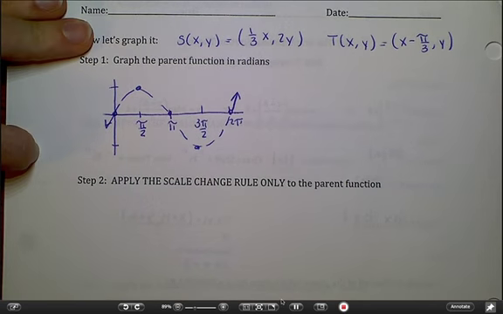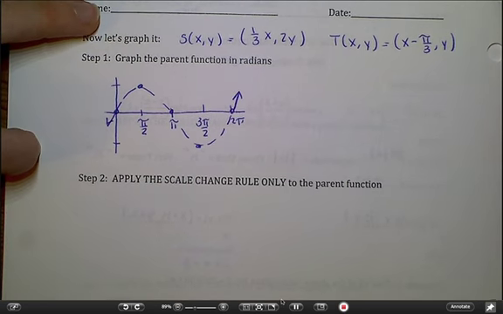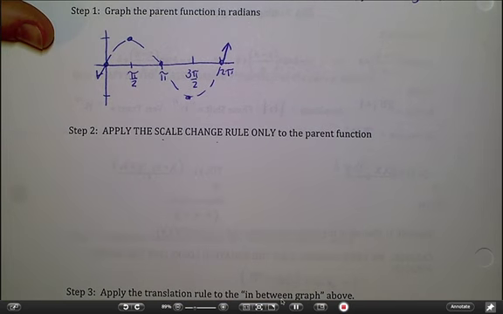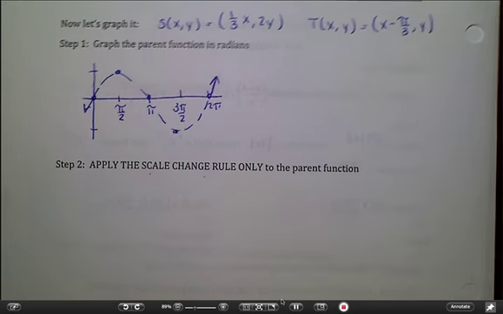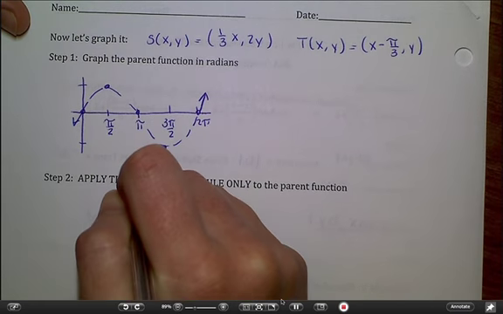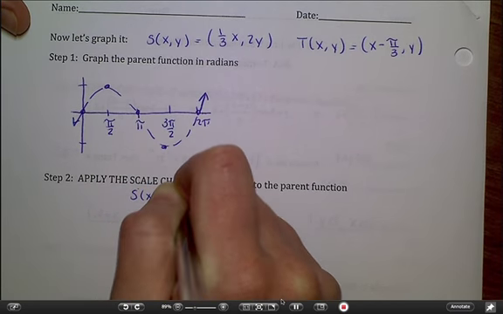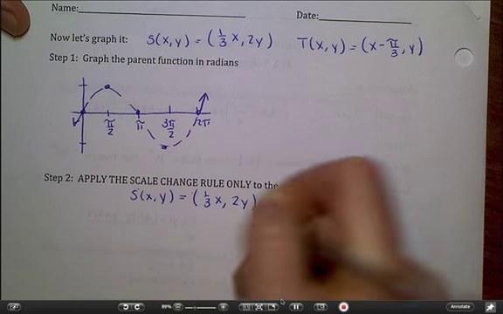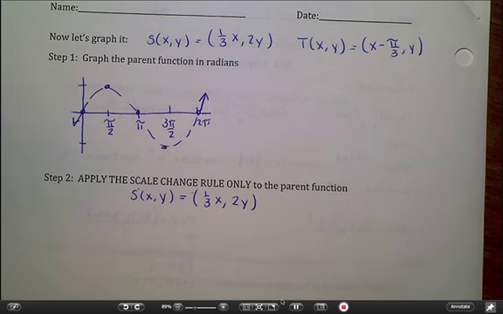So there's our parent function. Now, here's the thing. Always, always scale first. Do the scale change first. So there's kind of like an in-between step happening here. We have to apply the scale change. And then on the next step, we will worry about the translation rule.